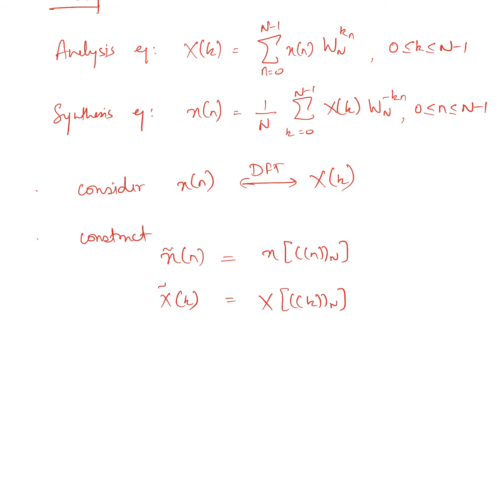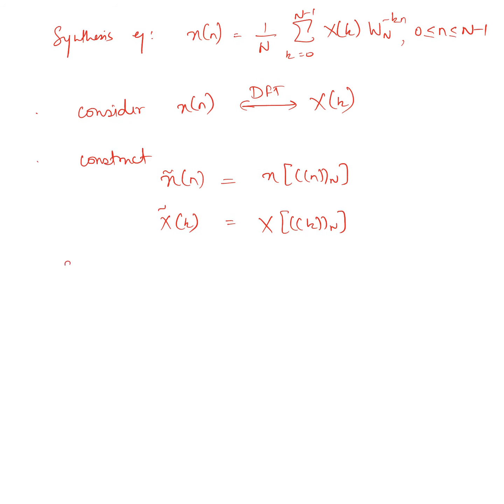Okay, so for the given periodic sequence x tilde of n, you can compute the coefficients of the discrete Fourier series, which is X tilde of k.